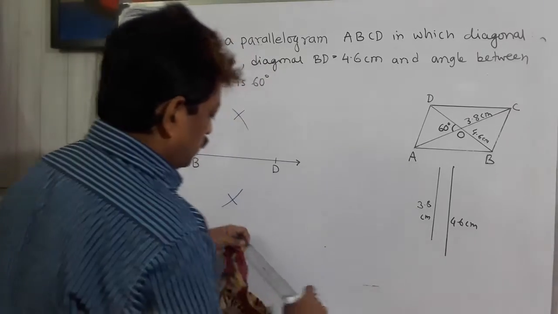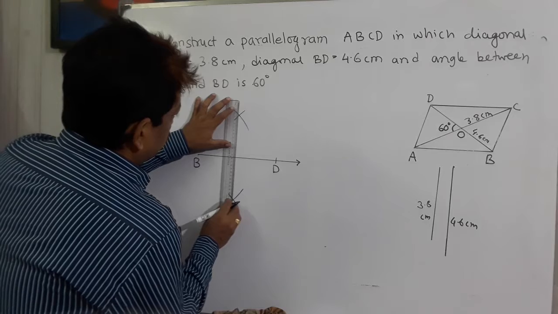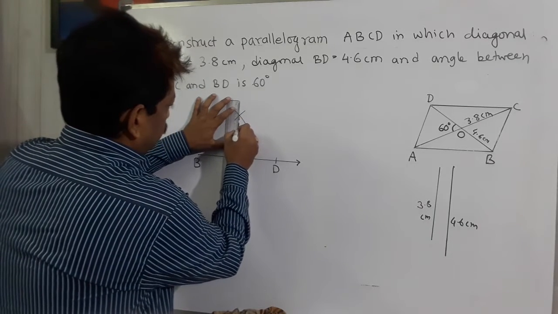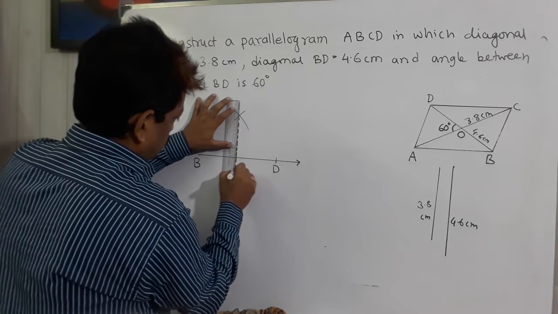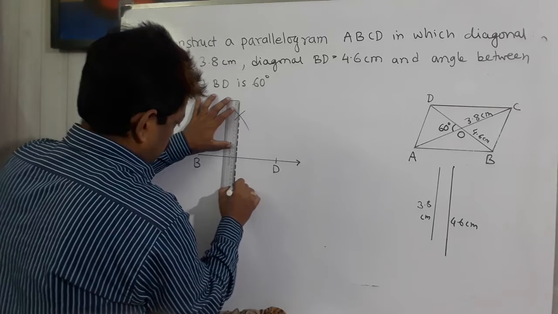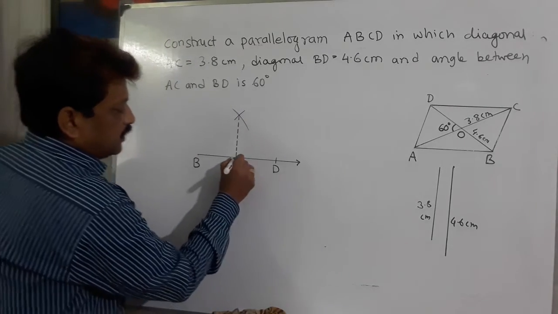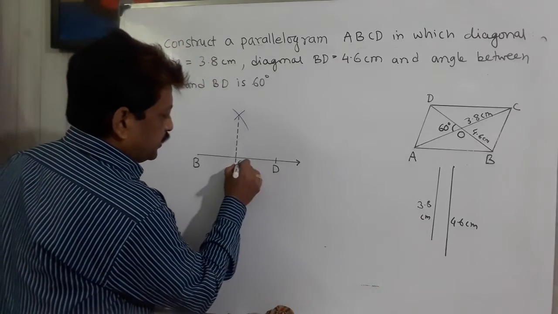So this perpendicular bisector will intersect BD at the midpoint of BD. So this point of intersection is actually the midpoint of BD.